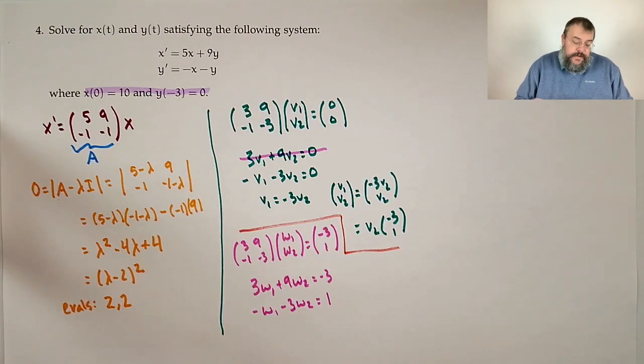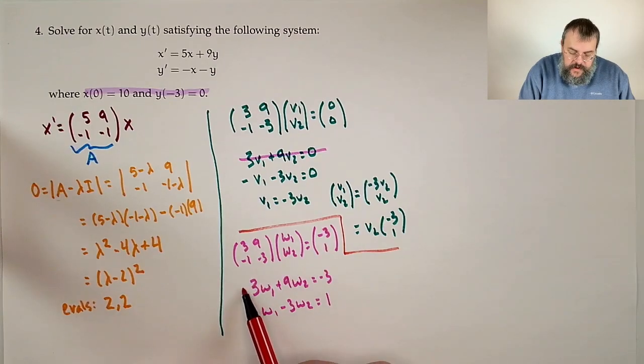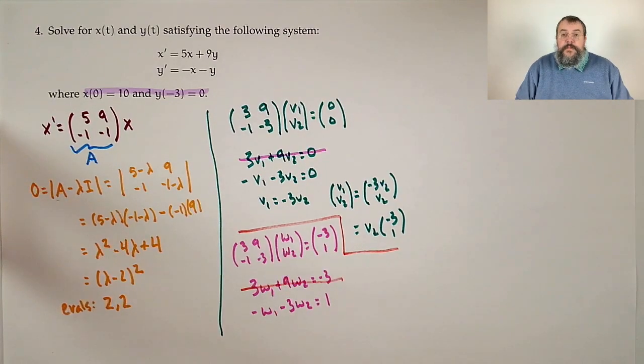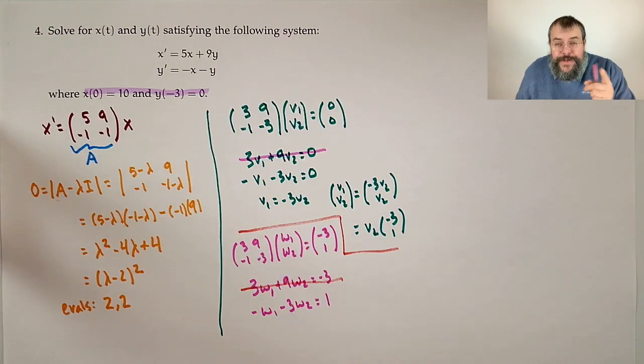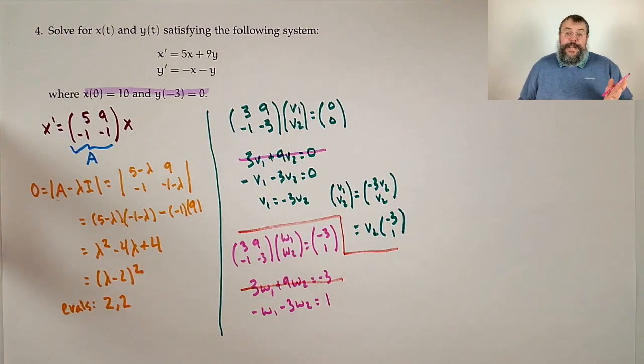Now, we'll get rid of one of the equations. Again, the top one seems busy, the bottom one seems to have simpler numbers. We only need one solution, and there's infinitely many. I recommend trying to find something super simple.